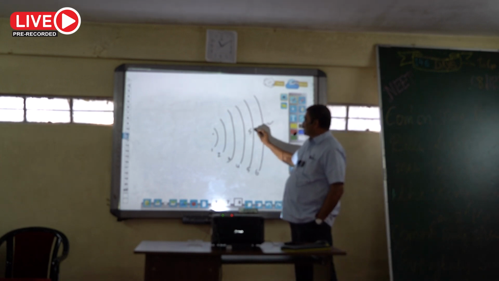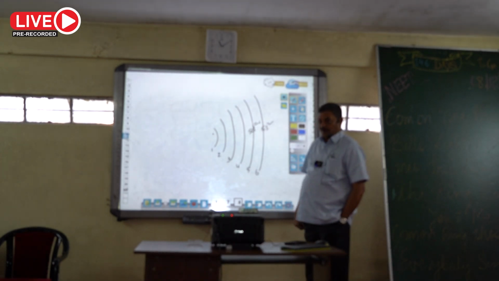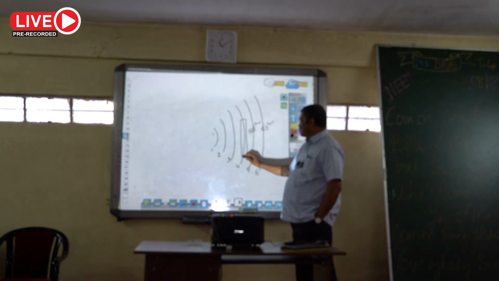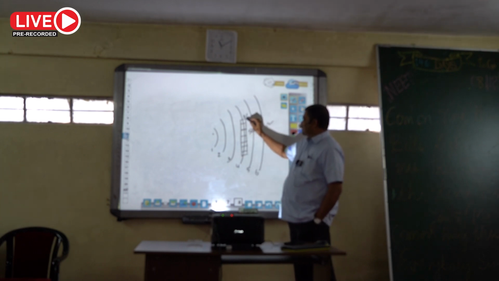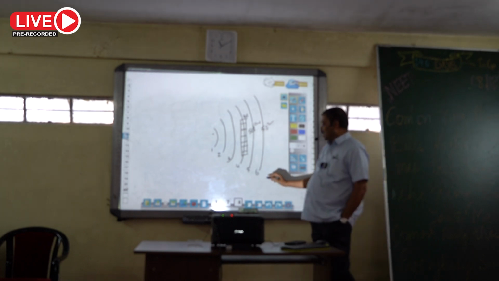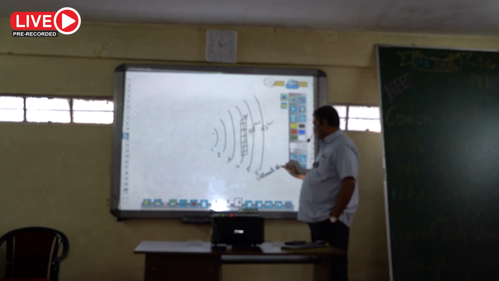Here 5d, 0 to 1. Sometimes 0, sometimes 1. But the 4f sublevel is gradually filled. This is 4f. This is called outermost or ultimate shell, which is called nth shell.